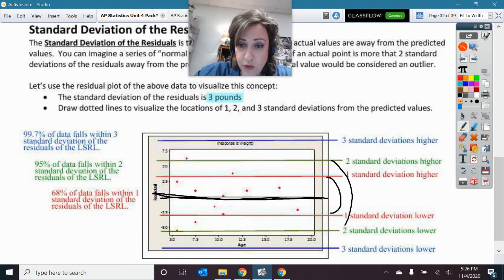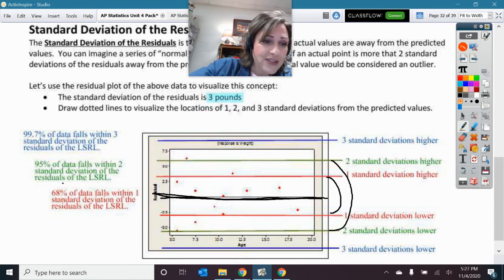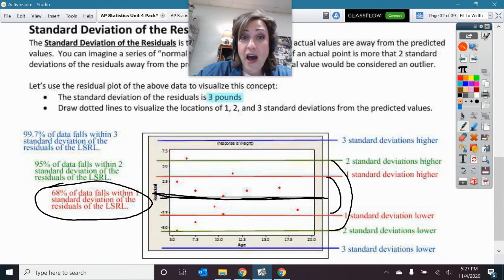Here are the values within 2 standard deviations of what they were predicted to be, and then 3 standard deviations. Well, guess what? About 68% of the data falls within 1 standard deviation of what it was predicted to be, and 95% for 2 standard deviations and 99.7%.